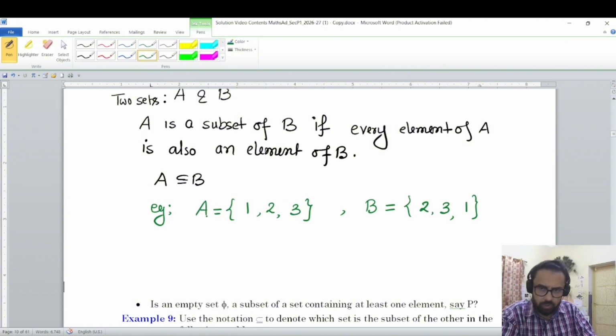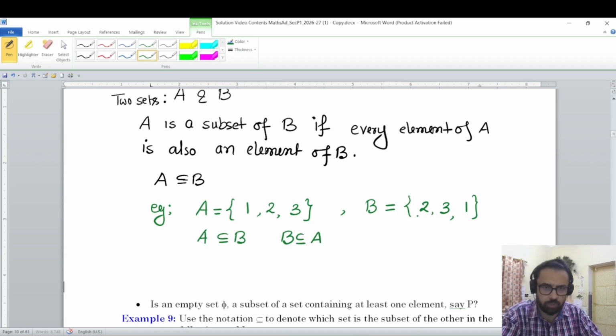Then you can see every element of A is also an element of B. 1 belongs to A, 1 belongs to B, 2 belongs to A, 2 belongs to B, 3 belongs to A, 3 belongs to B. So we can write here A subset of B. Of course, you can write B subset of A also, because every element of B is also an element of A.